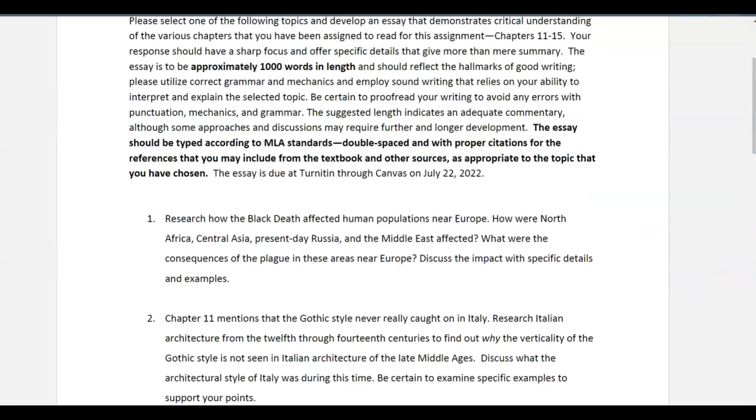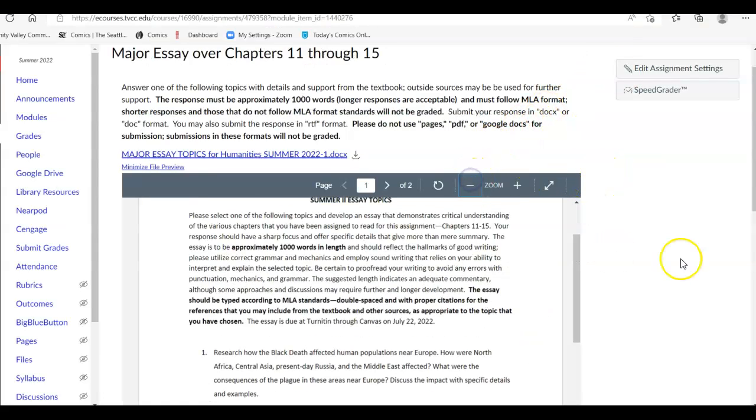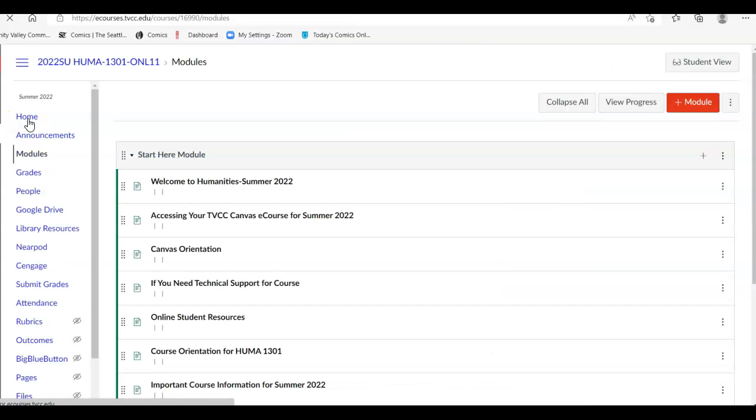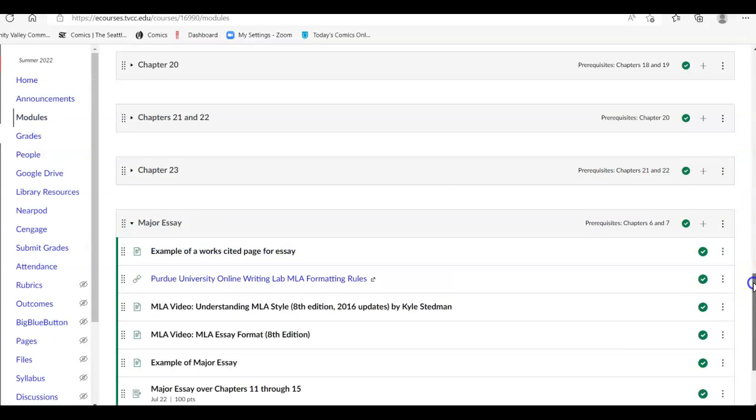And again, in your textbook, that particular part is in chapter 15. And again, when you go to the modules, here we go, give it a moment. And you go up here to the chapters.